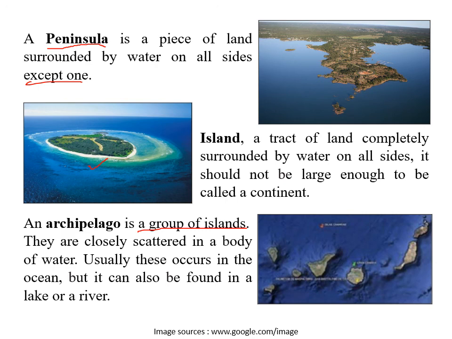So in that case, the cluster of these islands is known as an archipelago. One famous example is the Andaman Islands. That is also an archipelago. It is composed of numerous small islands.